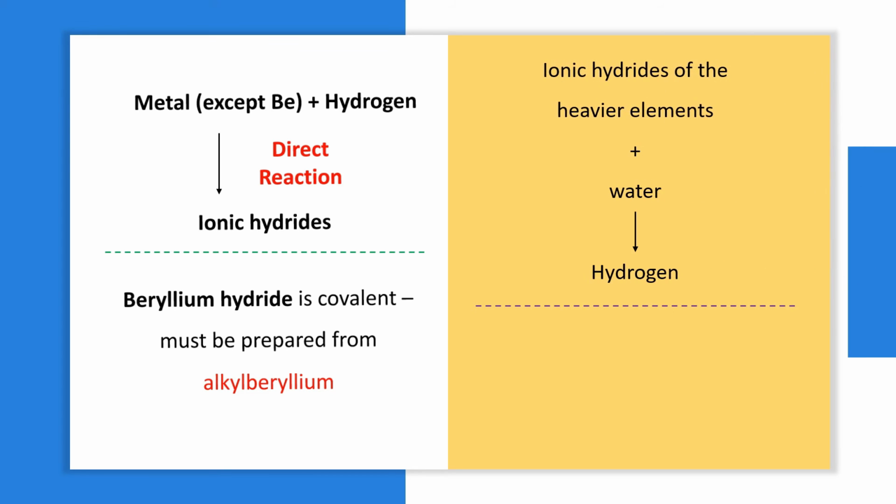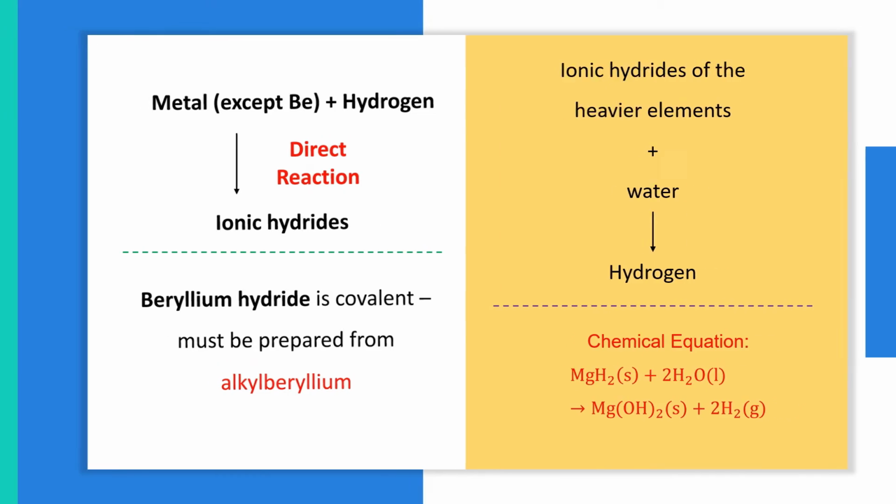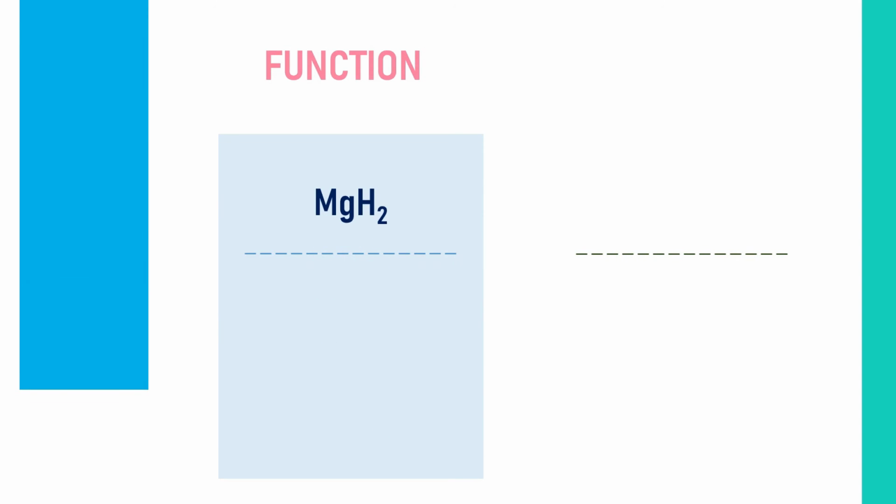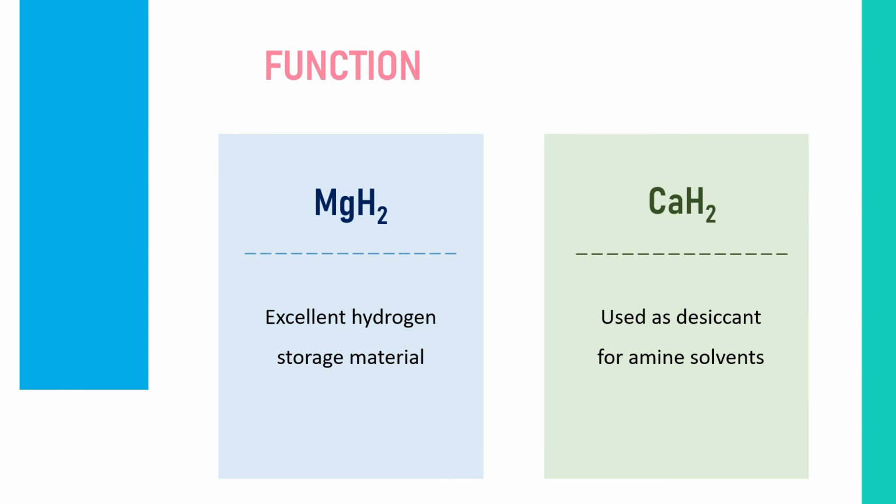The ionic hydrides of the heavier elements can react with water to form hydrogen gas. Here is the example of the chemical equation of magnesium hydride reacting with water. Magnesium hydride is an excellent hydrogen storage material. Calcium hydride can be used as a desiccant for amine solvents.